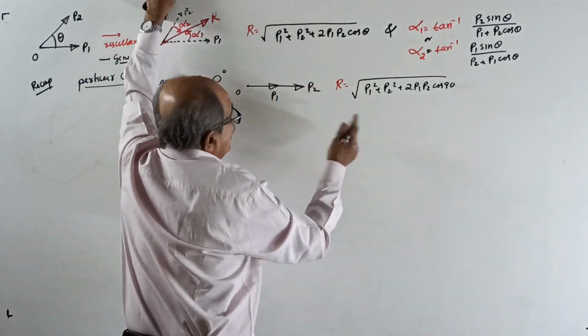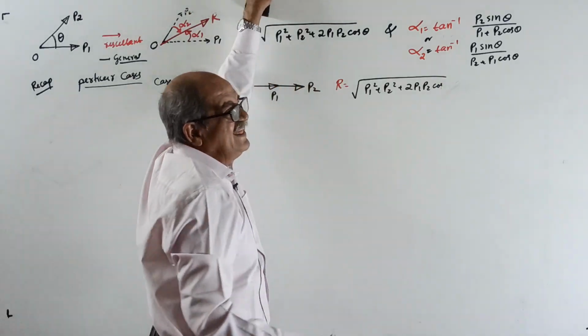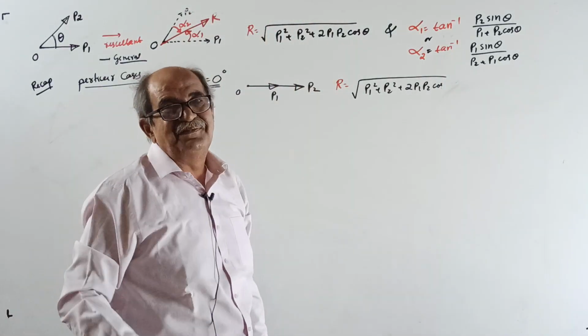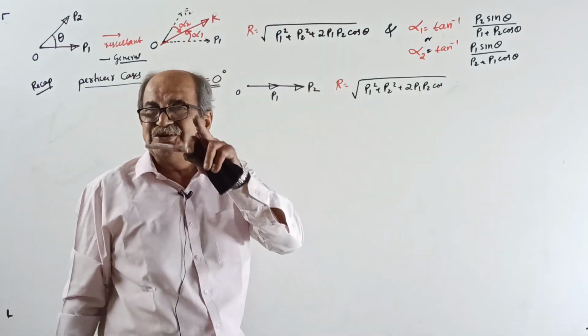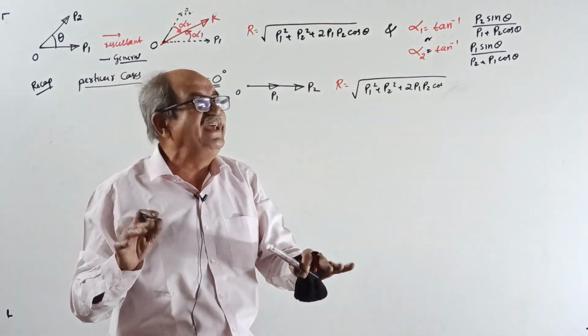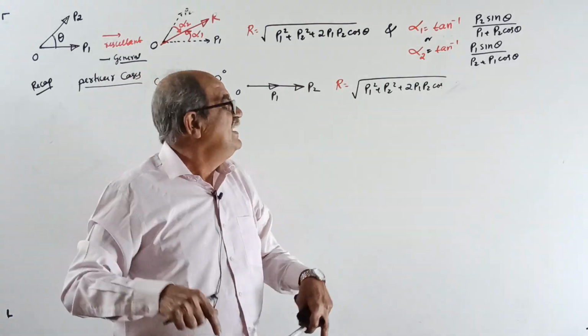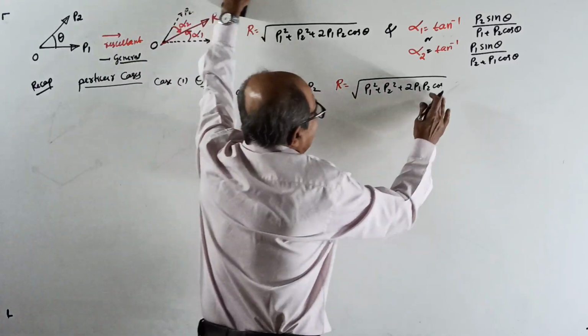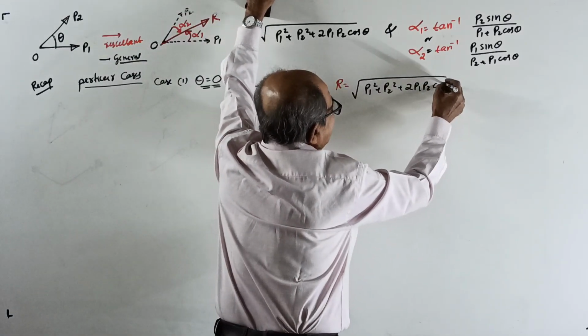Now, sorry, not cos 90, 90 degrees is for the next case, because the most important is when theta is 90. I want to go there. But now we are discussing 0 degrees. Such things happen. Cos 0.